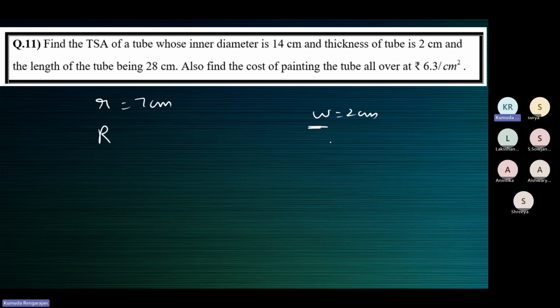So the outer radius will be, see, the inner radius plus the thickness. From here to here is the inner radius. From here to here is the thickness. The inner radius and the thickness put together makes the outer radius.